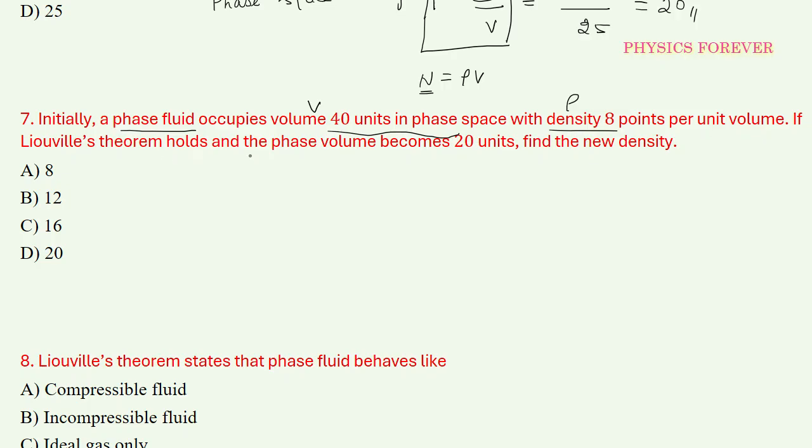If Liouville's theorem holds and the phase volume becomes 20 units, what is the new density? Here we have volume 1, volume 2, density 1, and we need the new density rho 2.